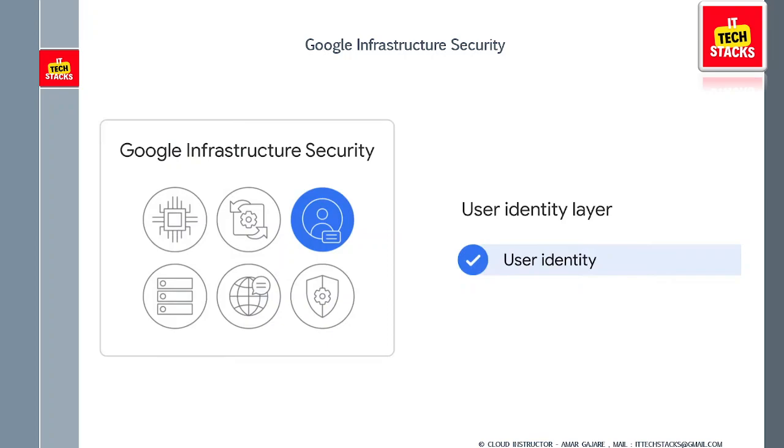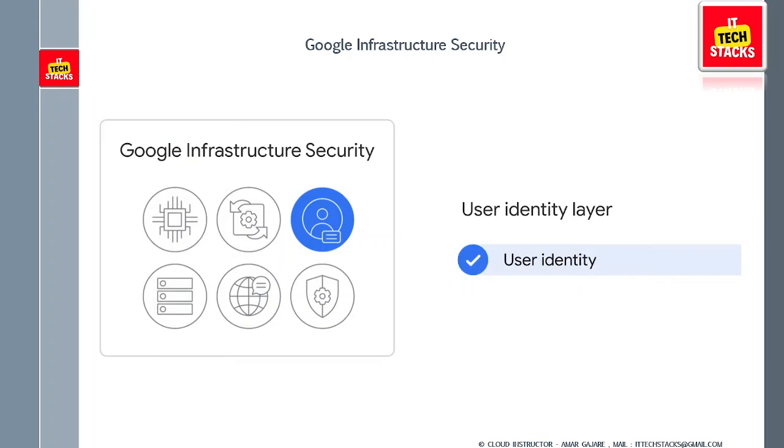Suppose anyone hacks and tries to log in, due to this authentication they are unable to log into your system, because Google sends a code to your mobile and you have to enter that code, and only then can you log in. This is universal second factor, or I can call it two-factor authentication.